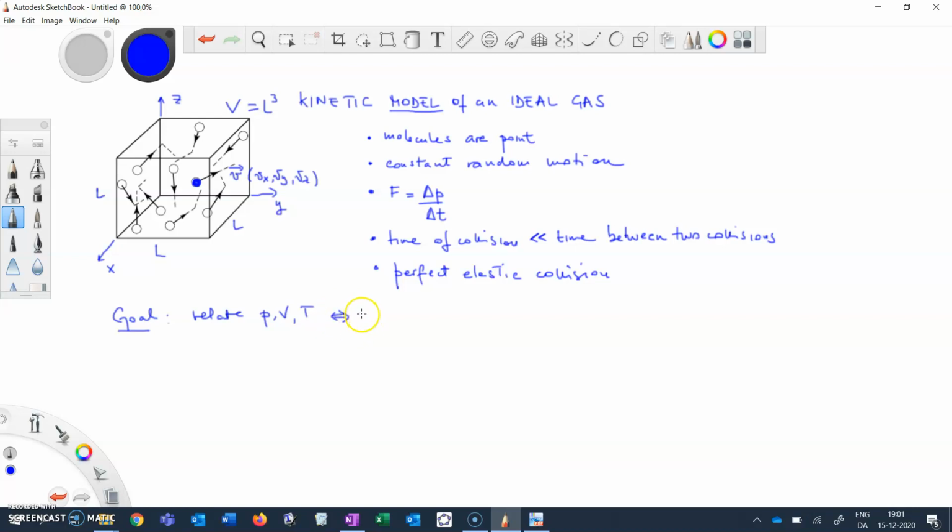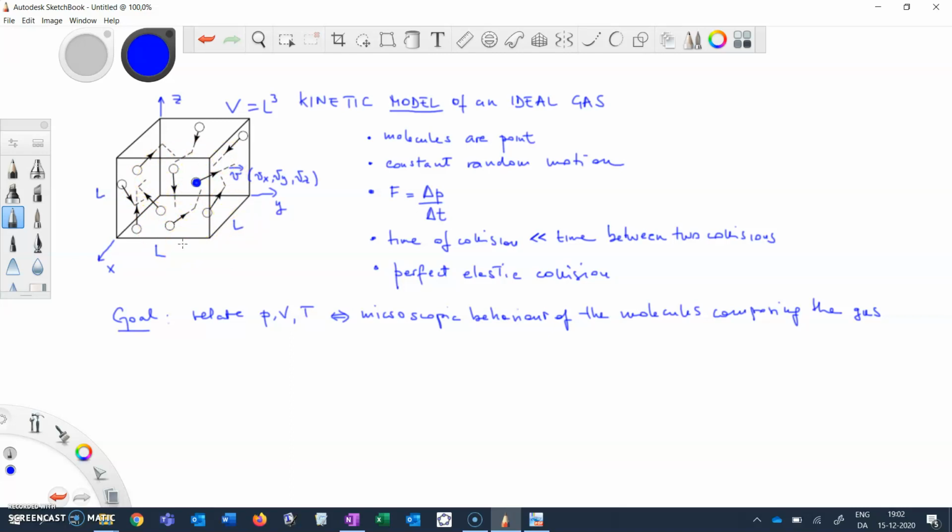So we want to relate that to the microscopic behavior of the molecules composing the gas. We want to understand how the pressure can be described with the properties of the molecules there.